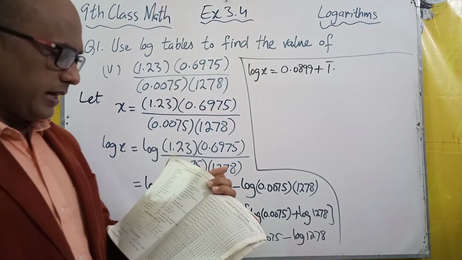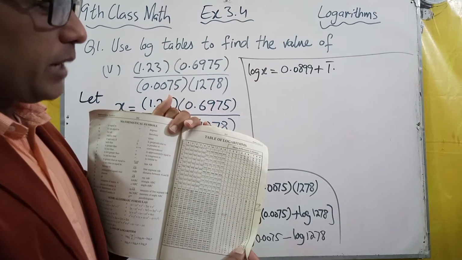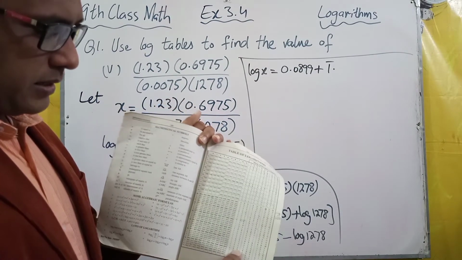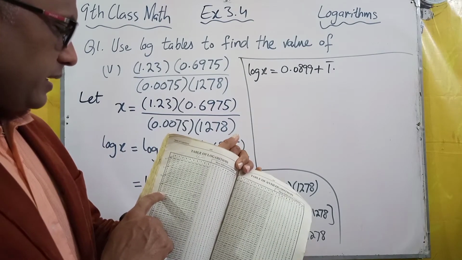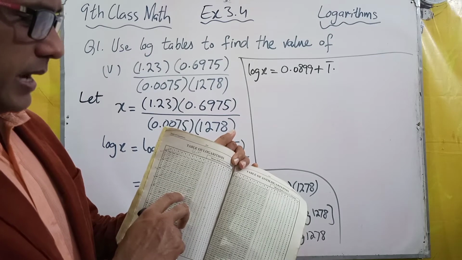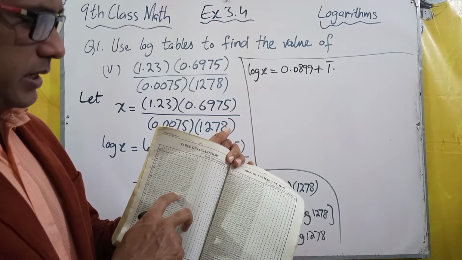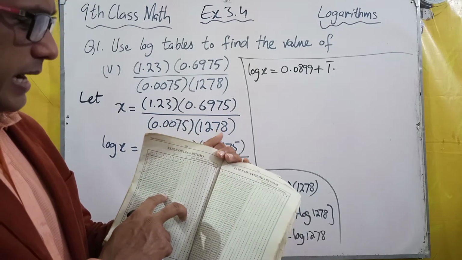So we'll see 69 in 7. We can see here there are 2 pages of the table of logarithm, first one and the second one. We have to check 69 in 7. So students, 69 in 7 is 8432. And its difference we have to check.